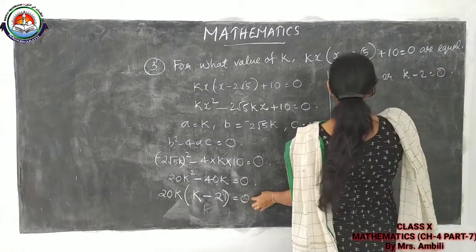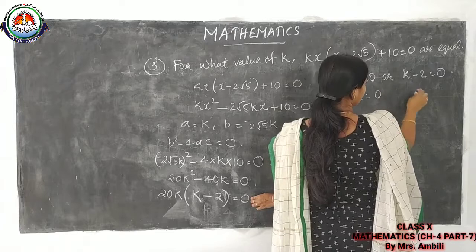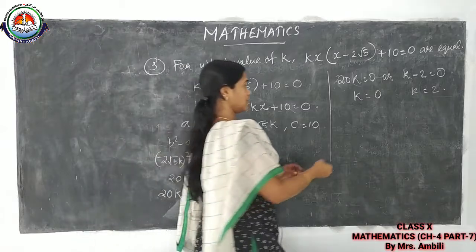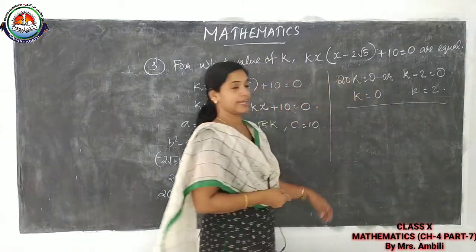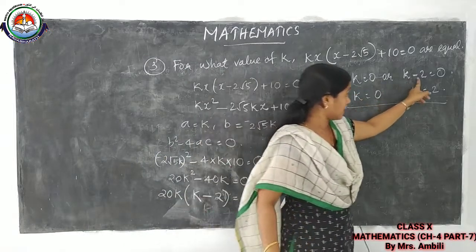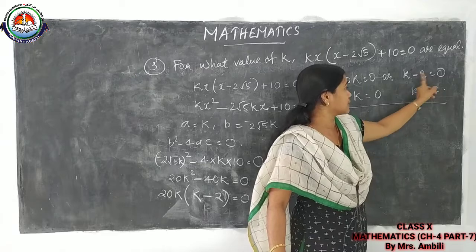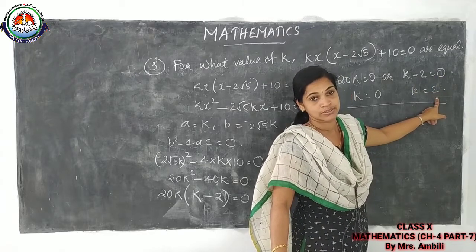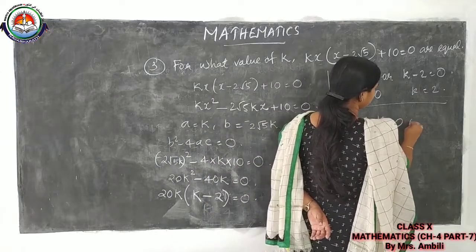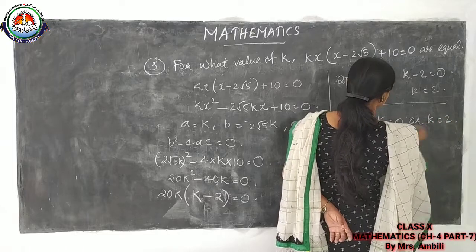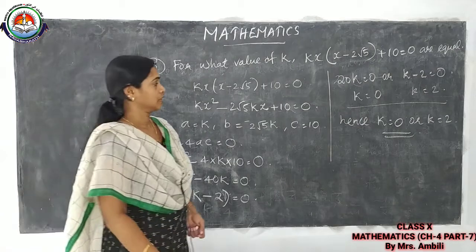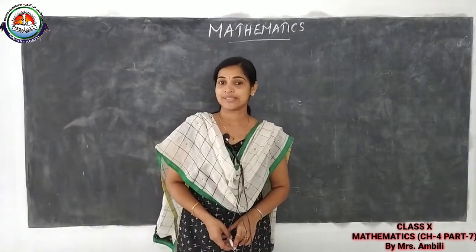So what are the values? 20k equal to 0 means k equal to 0. k minus 2 equal to 0 means, taking minus 2 to the right side, k equal to 2. Hence k equal to 0 or k equal to 2. Clear? Okay children, we can go to our next question.